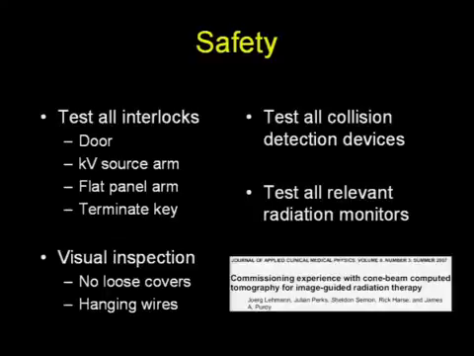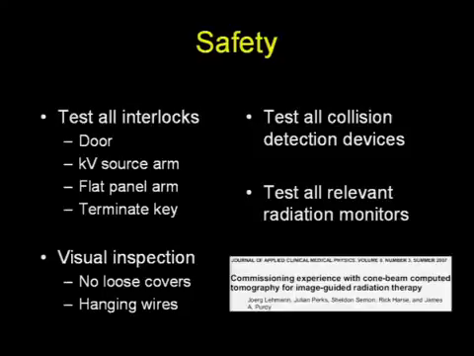When considering the safety component of your quality control program, your safety bit should look at testing all of the interlocks, such as all the touch guards, all the motion detectors. Make sure that they're functional.